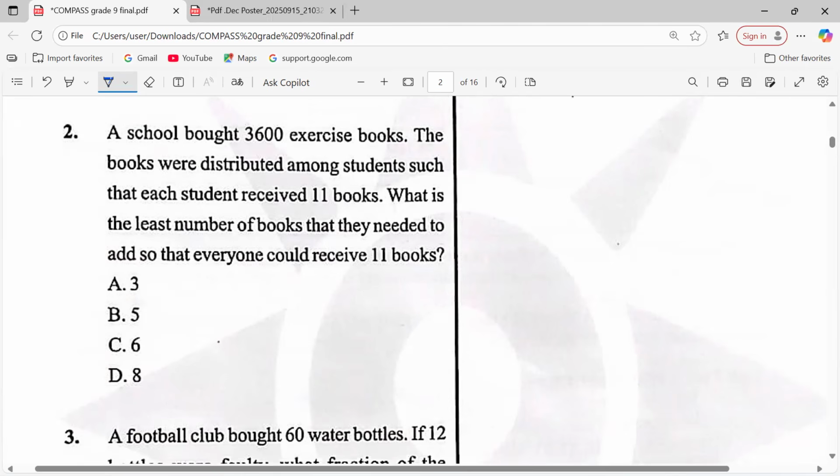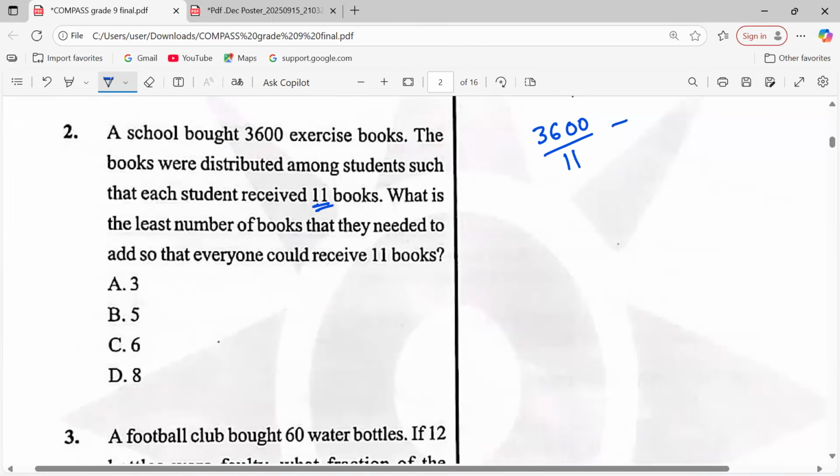So we want every student in this school to receive 11 books. So what we need is the immediate multiple of 11 from 3600.